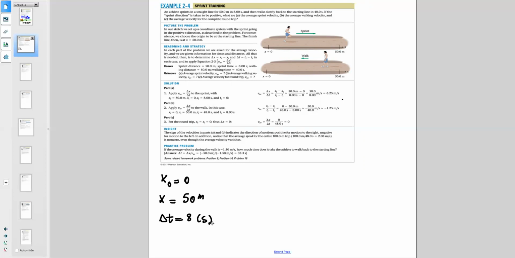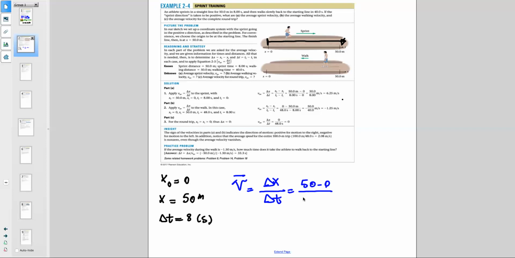Okay, now part A is asking the average sprint velocity, meaning once it started from this point all the way to this point. So let's take a look. The average velocity is delta x over delta t. Delta x is x final minus x initial, which is 50 minus 0.